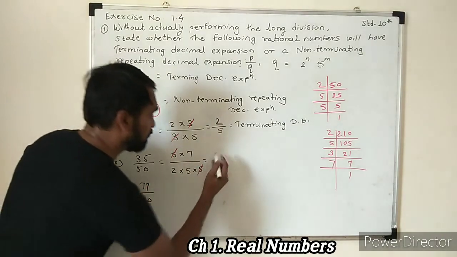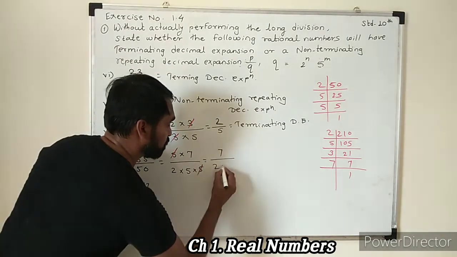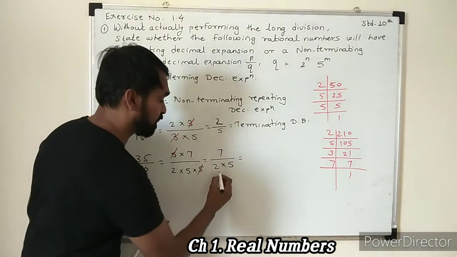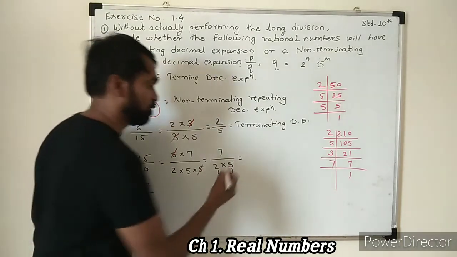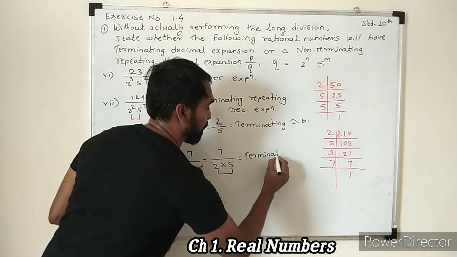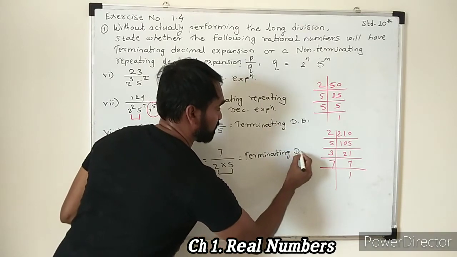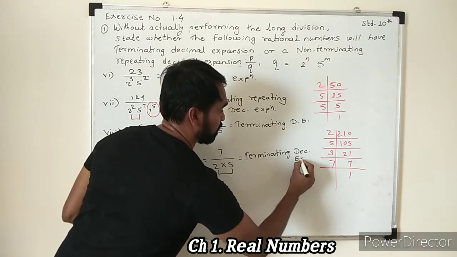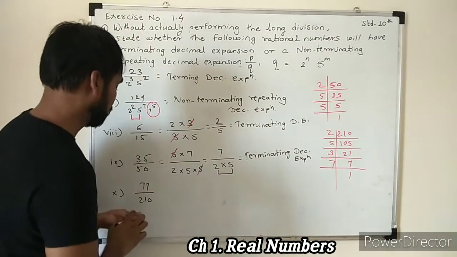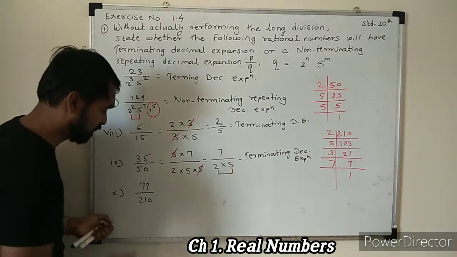Then what is the remaining? 7 upon 2 multiply 5. Now see the denominator part, both are in the form of 2 and 5. So here this one also is terminating decimal expansion. Okay.